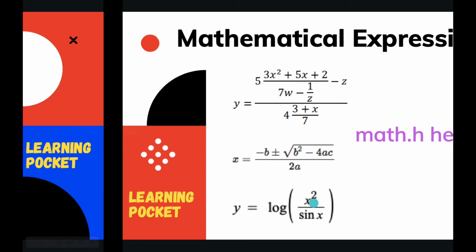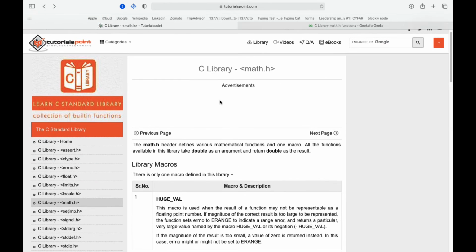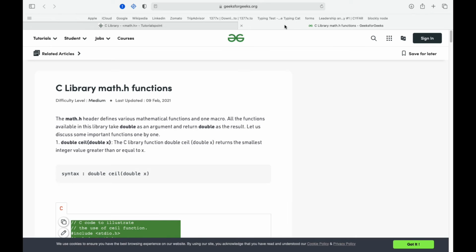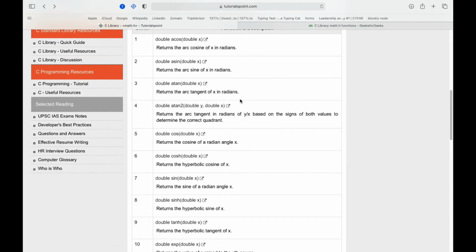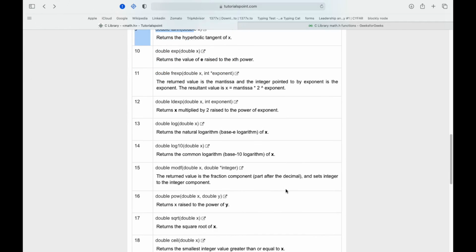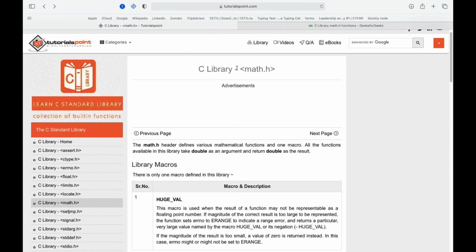For the header file itself, I have googled for you about the math.h library of the C language. I just typed math.h C language, and I got these two search results. And what are these about? These are basically showing all the mathematical functions that are available in C, or you can say the C math.h header file.